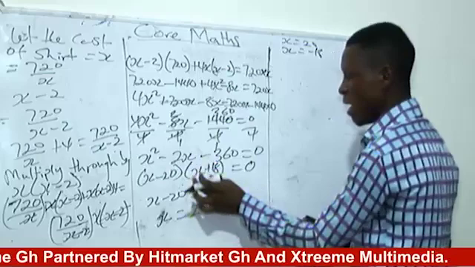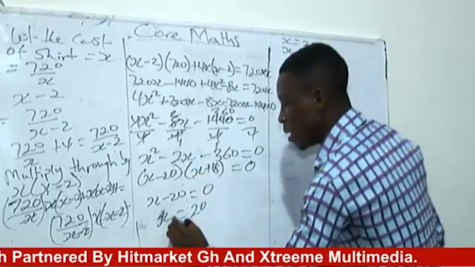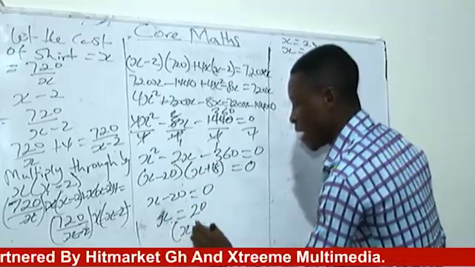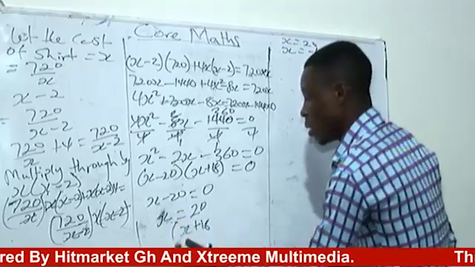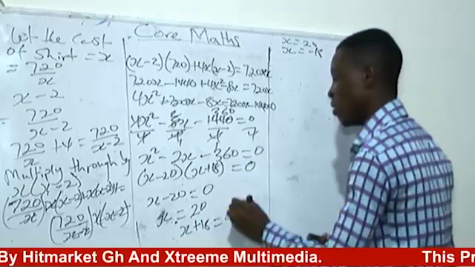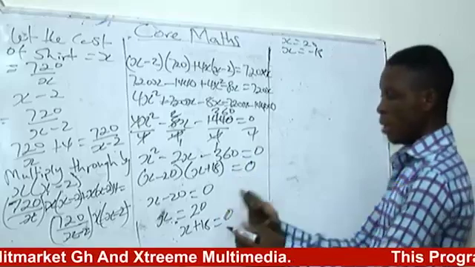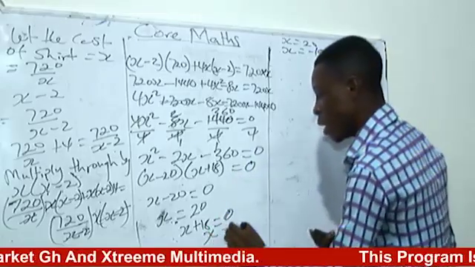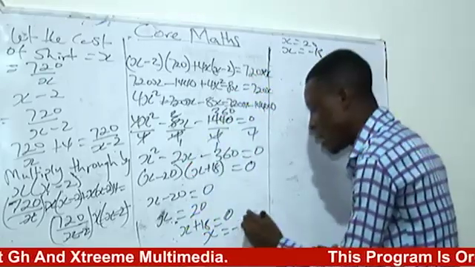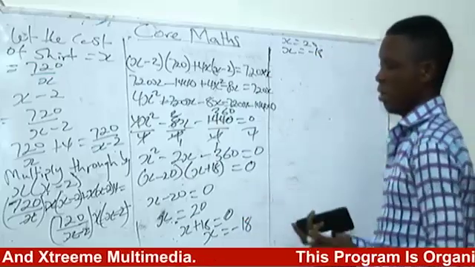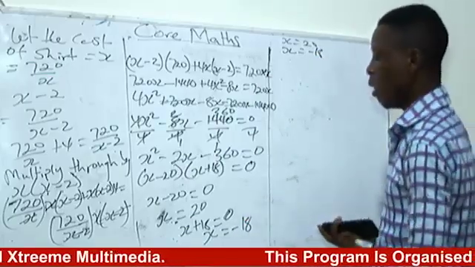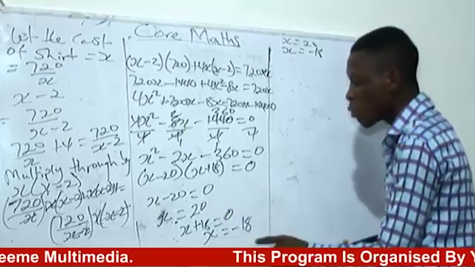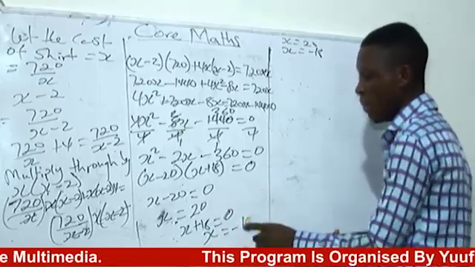Then we go to the second one, which is s plus 18 equal to 0. So this gives us s equal to minus 18. So we have the values of s to be 20 and also minus 18.